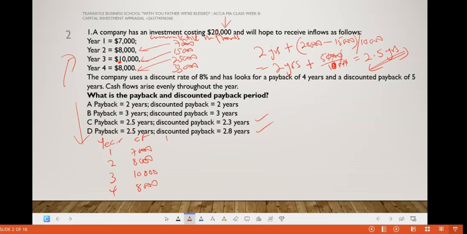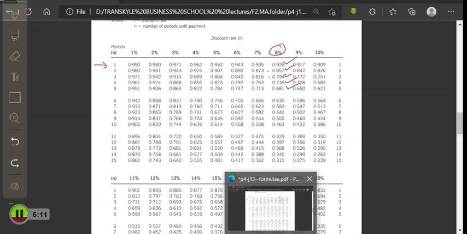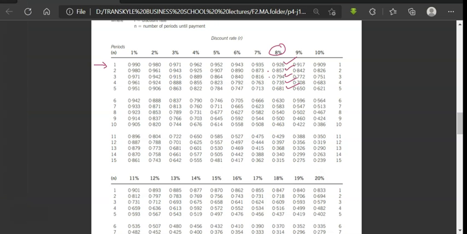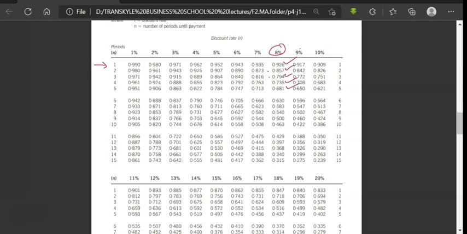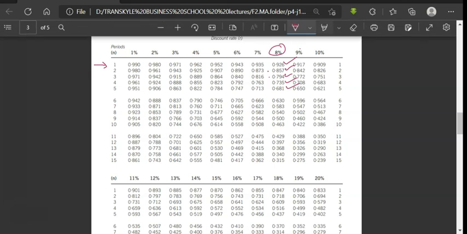And our discount factor should be at 8% as given there. For the discount factor at 8%, we consult the present value tables, and these are our present value tables. We are looking at the cash flows and the discount factors.